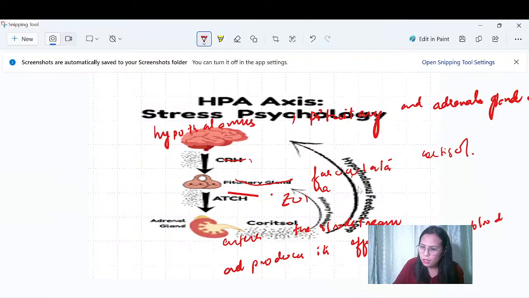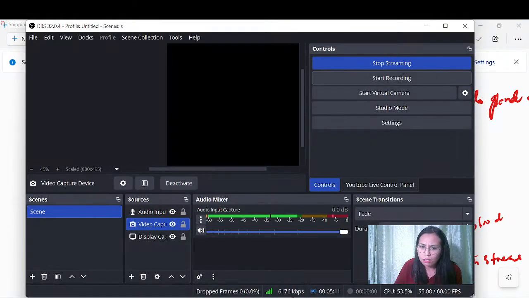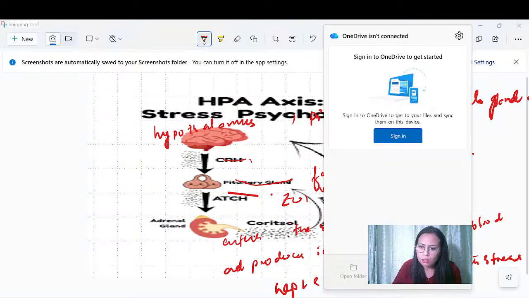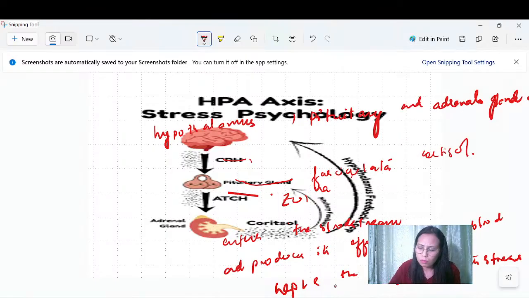By increasing blood sugar, it helps the body cope with the stress, and it also helps to maintain the blood pressure.